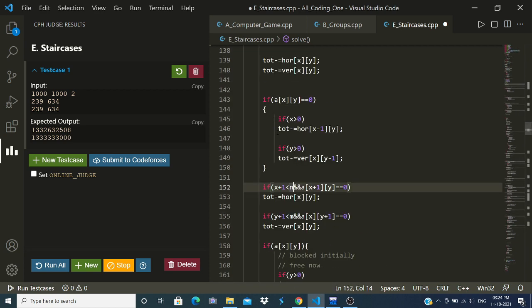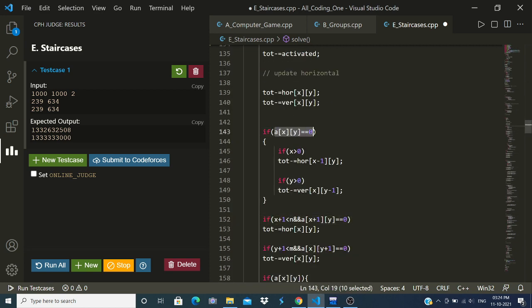As you can see, I'm first checking if it is a free cell, a of x comma y. If it is a free cell, then I'm checking that if x is greater than 0, then I'm basically subtracting total minus equal to horizontal of x minus 1 and y, right?